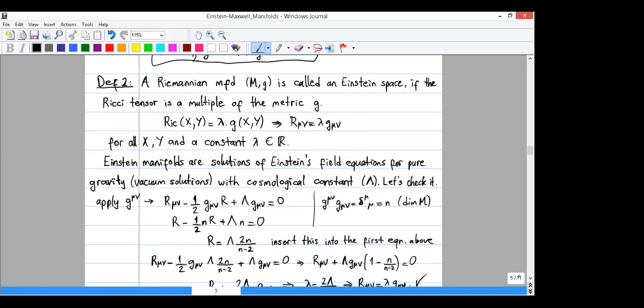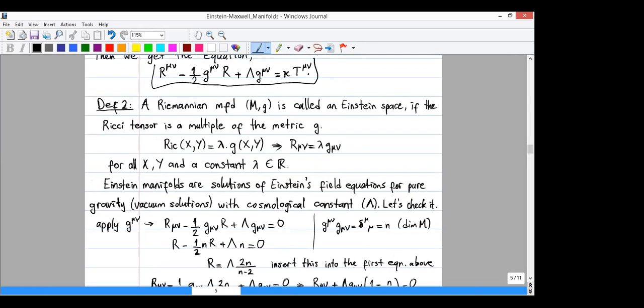So Einstein manifolds are solutions of Einstein's field equations for pure gravity, or vacuum solutions. When we take the right-hand side of this general Einstein field equation and set it to 0, we call these vacuum solutions.